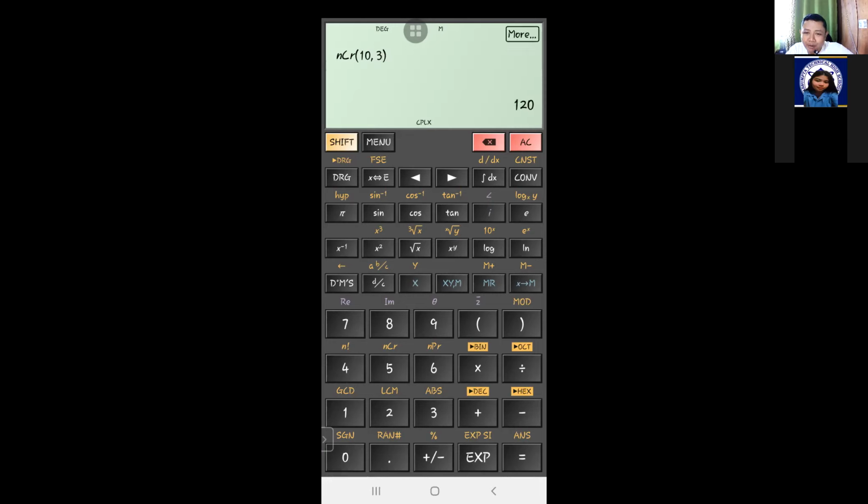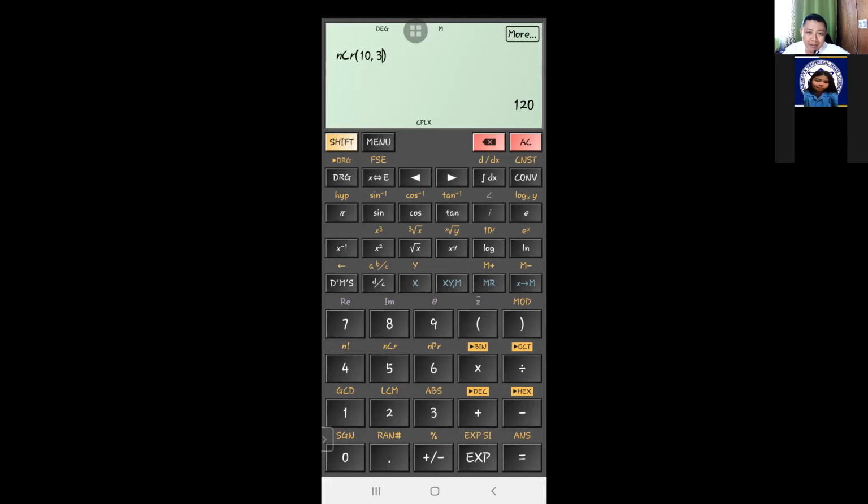And you will end up with the final answer agad. So therefore, in case 1, 3 boys, that's 120. Can you follow? Show me a reaction if you love what you just discovered, what you just learned. Okay, thank you so much. Ayan, mas madali na ang buhay natin ngayon with the help of your calculator.